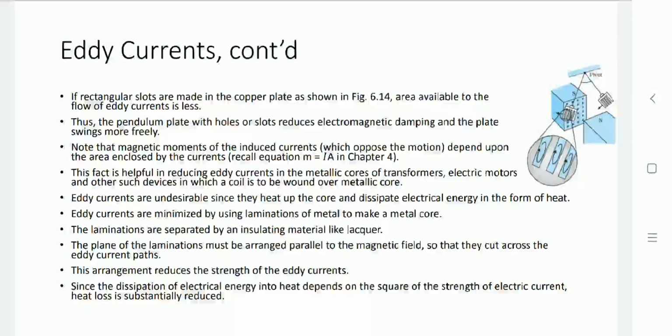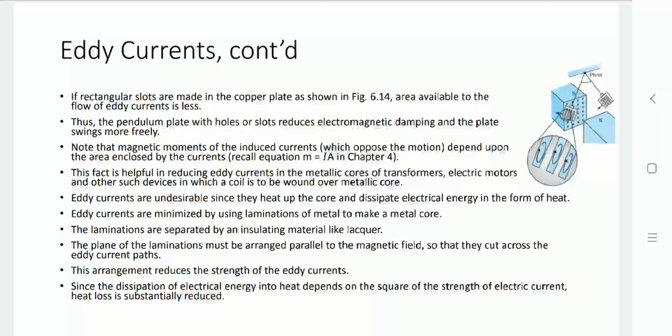Eddy currents are undesirable, as they heat up the core and dissipate its electrical energy in the form of heat. They can be minimized by using laminations of metal to make the metal core. Laminations are separated by an insulating material like lacquer.